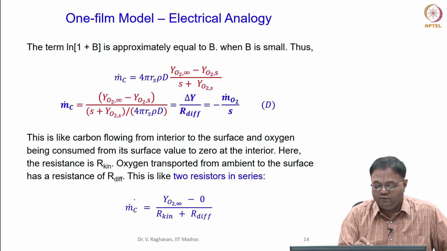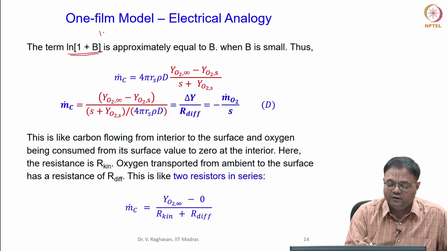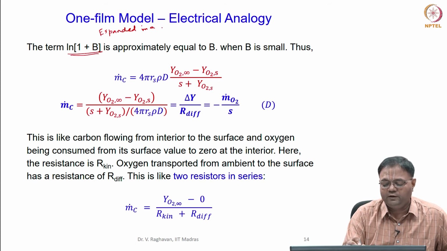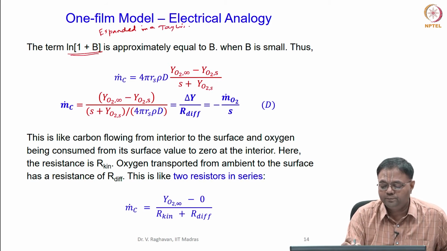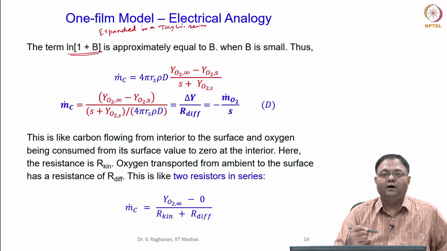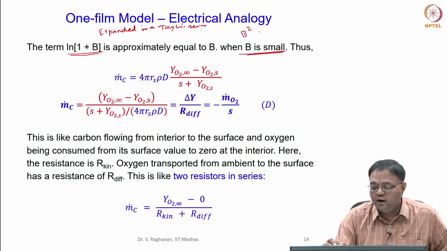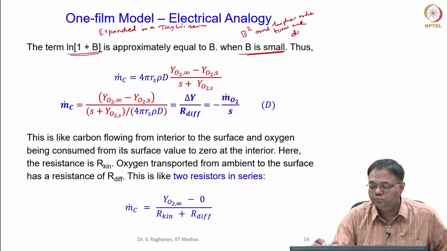So, when I have log of 1 plus b, this can be expanded in a Taylor series, and when b is small, the b squared and higher order terms are dropped, correct.